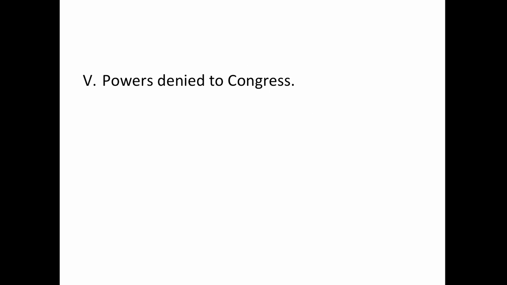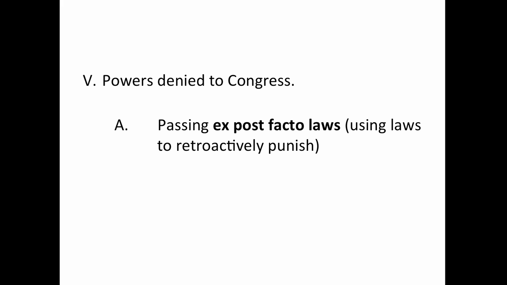All right, so here are a few powers that Congress does not have. These are denied powers, and if you bust out your handy-dandy pocket Constitution, you will see these in Article 1, Section 9. Congress cannot pass ex post facto laws. These are laws meant to retroactively punish somebody.